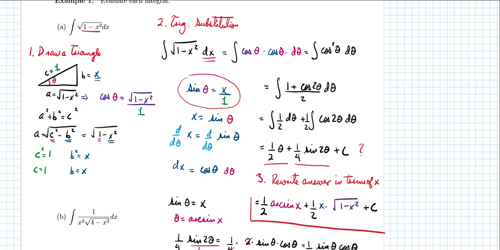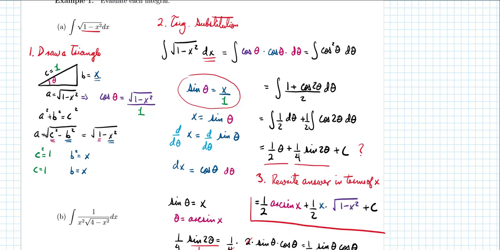Afterwards, we did need to use some of the formulas that we encounter for the trigonometric integrals, namely the power reduction formulas, that was allowing us to rewrite our integral into something that we can actually integrate. However, once we integrated everything, we were left with expressions in terms of theta. So the last and final thing that we did was to, again, make use of the fact that we have a triangle that was relating x's and thetas. So that's how we obtain our final answers in terms of x.